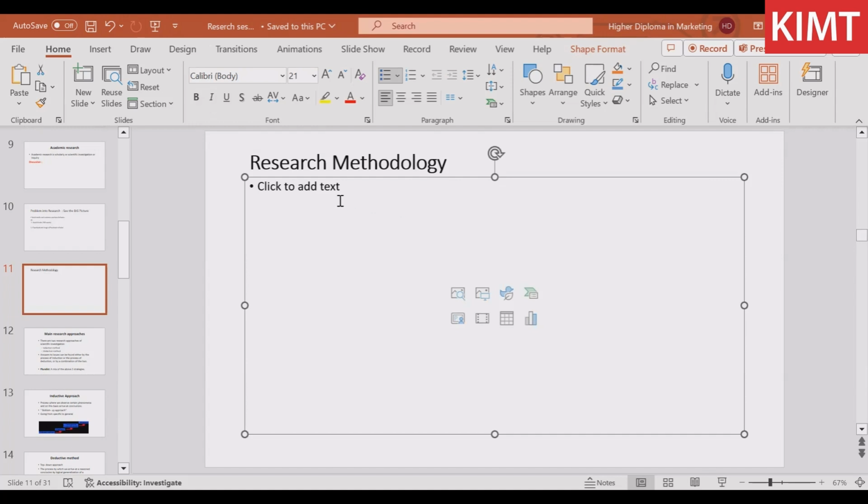When you write the research methodology part in a proposal, just imagine you have done the research proposal starting from the introduction and everything up to the significance of the study. After the significance of the study, the main area comes: the literature review.